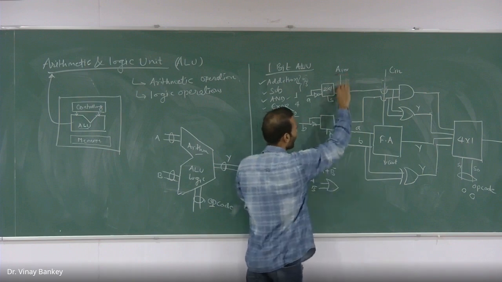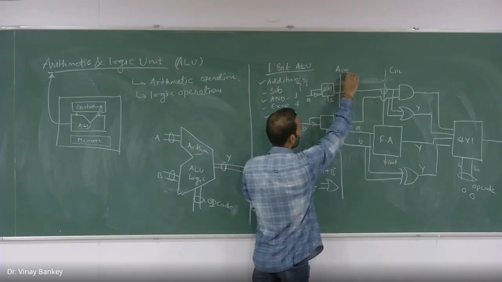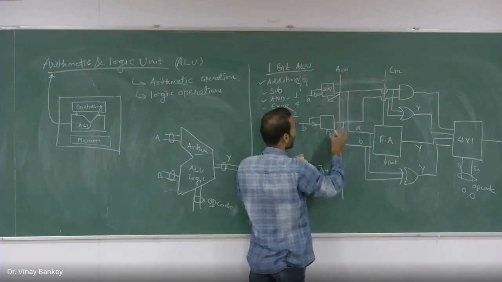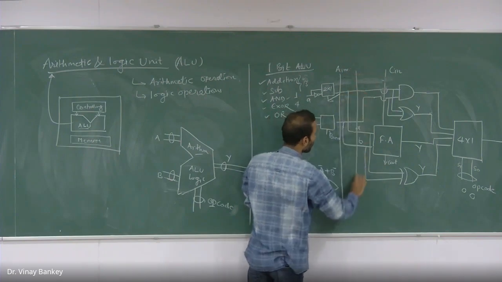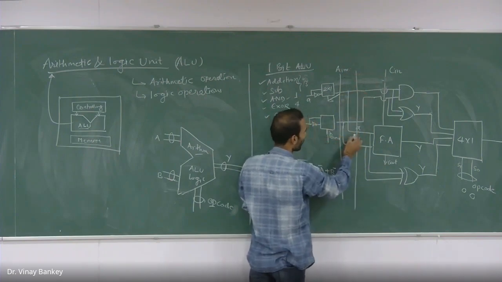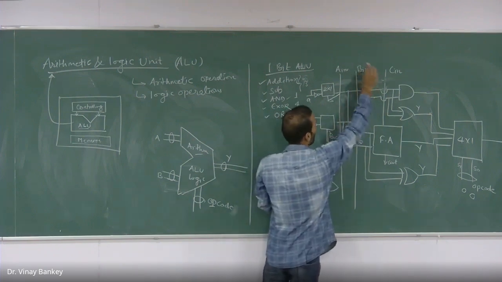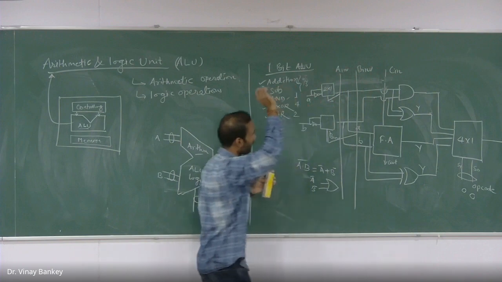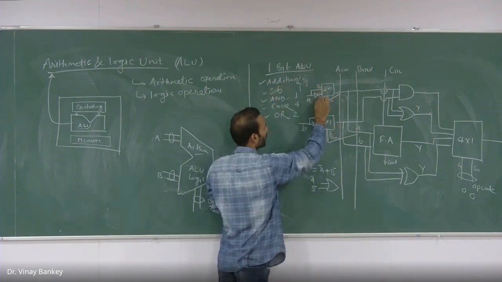Okay, so I have one line here for A invert, and I have another line here. I should use colored chalk, but there is no colored chalk in this class, so I have to write with this B invert. This is a 2 cross 1 multiplexer with I0 and I1.